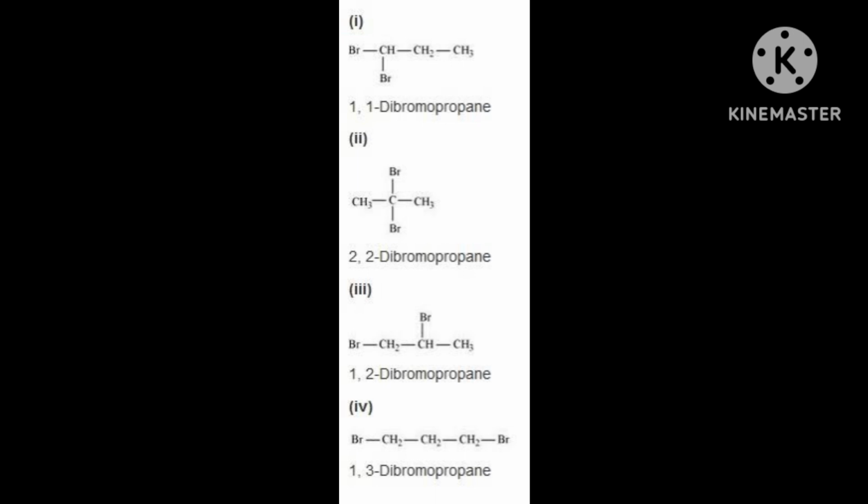CH is attached, and from that C a methyl group is attached. And from that same carbon Br is also attached. Means the carbon which is attached to the ethylene, only from that carbon bromine is also attached.